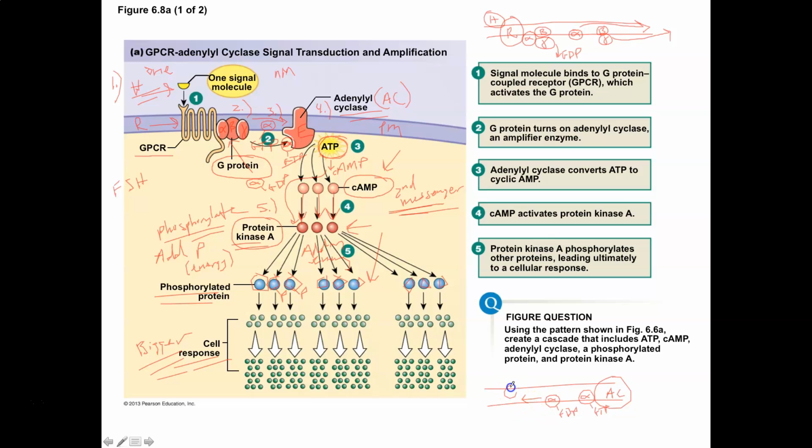It's going to link up with the beta gamma subunit. So they're going to combine back together. So now we have alpha, beta, gamma as the G protein. It has that lower energy GDP attached to it. And then it's going to go back and reattach with the original receptor. And then you could start this process all over again.